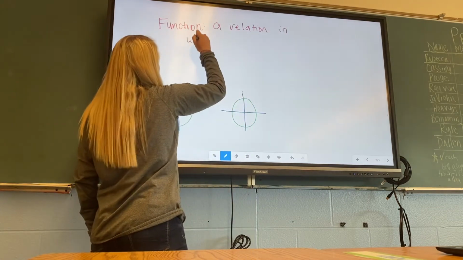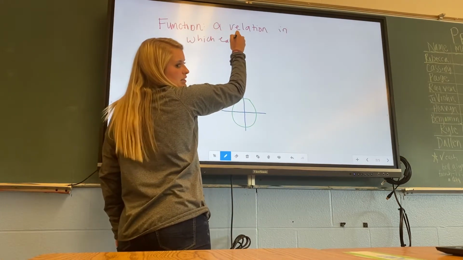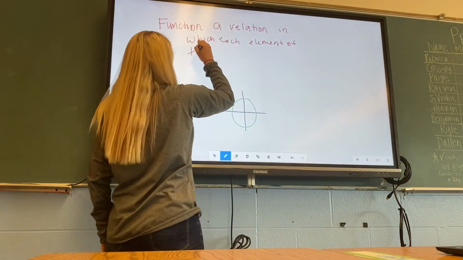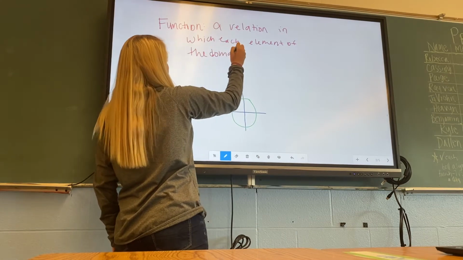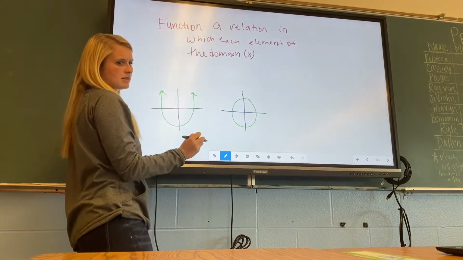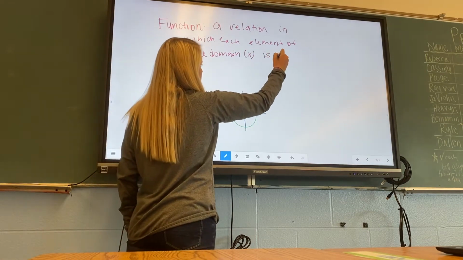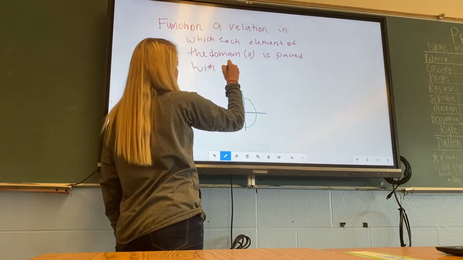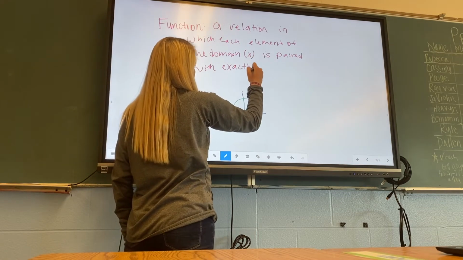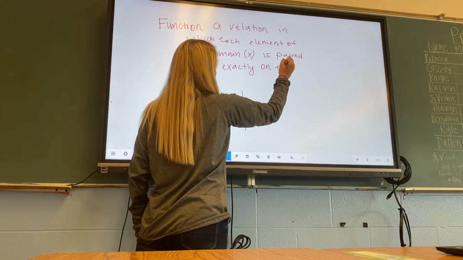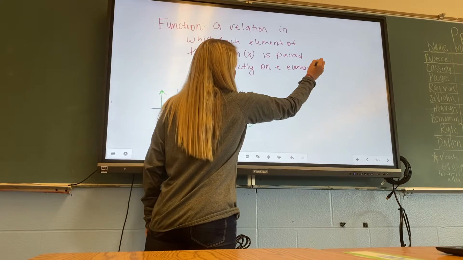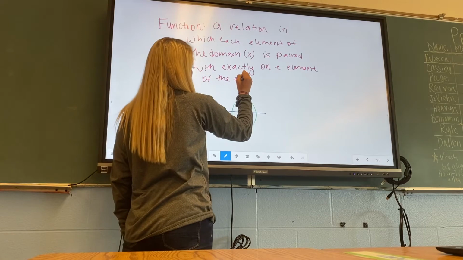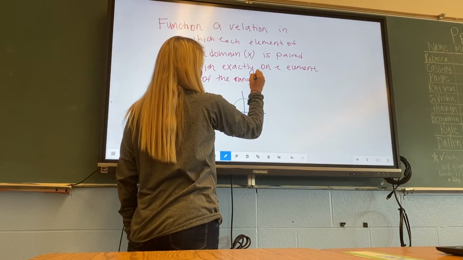It's a relation in which each element of the domain, X, is paired with exactly one element of the range, which is Y.